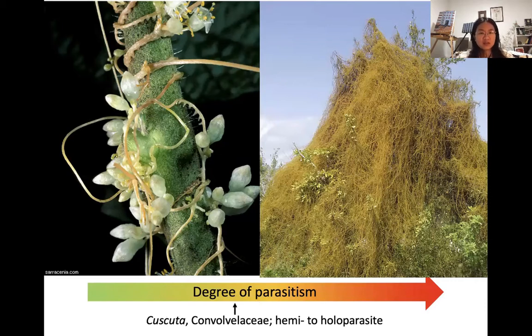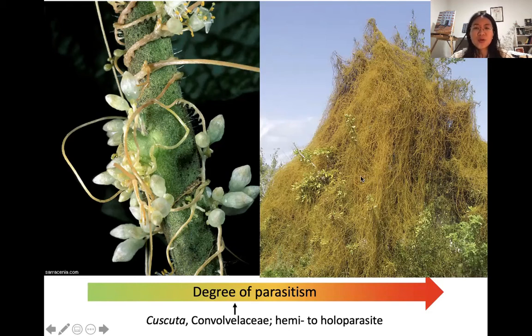Because Cuscuta is at the interface of hemi- to holoparasites, some species within this genus can do photosynthesis, while there are also other species within the genus that have lost their photosynthetic ability. And I think there are quite a few Cuscuta distributed in Turkey as well.